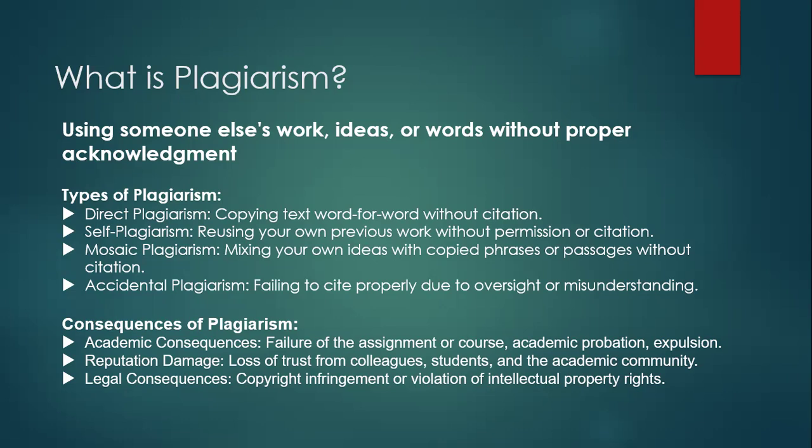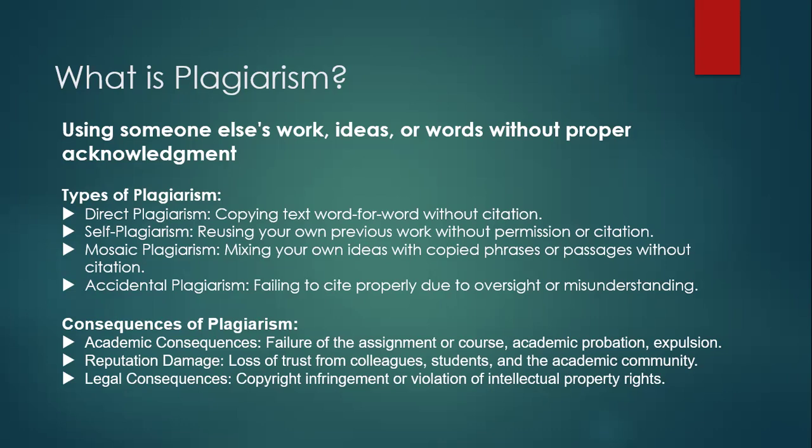Mosaic plagiarism is mixing your own ideas with copied phrases or passages without citation. Self-plagiarism is what the Harvard president did, reusing your own previous work without permission or citation. But it also can be if you use your paper in this class and then you go and use it in another class, that's plagiarism.